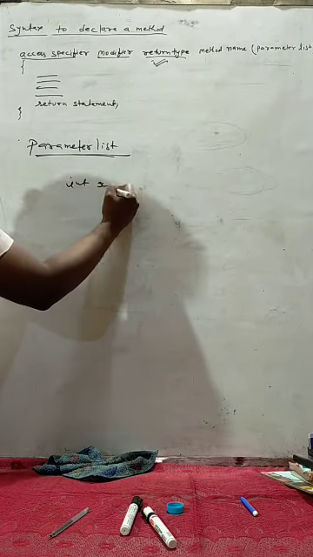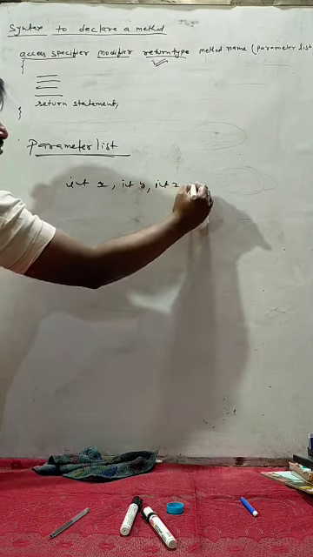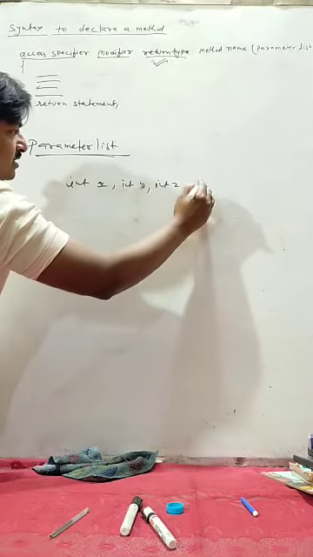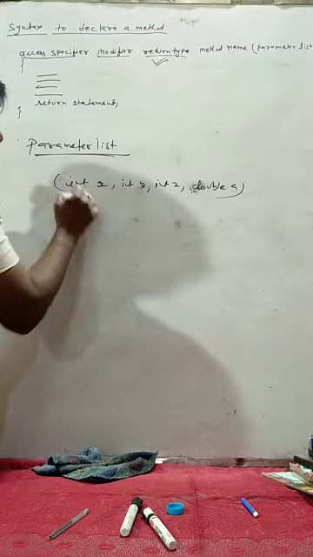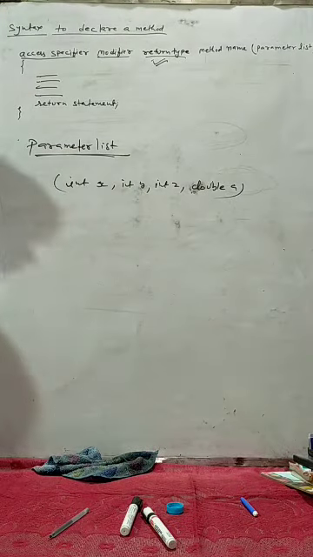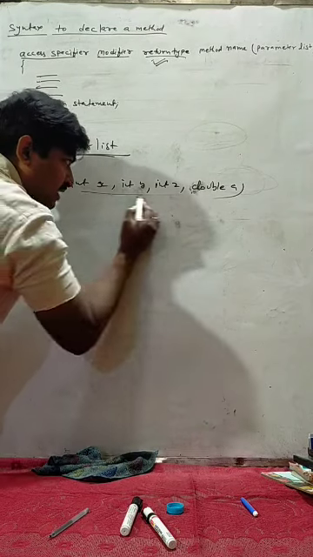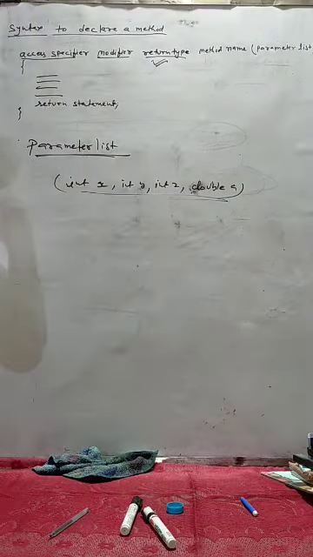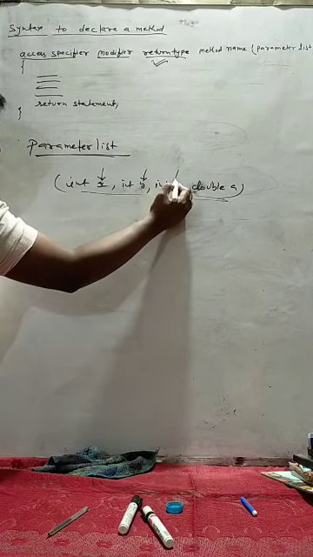Suppose int x, comma, int y, comma, int z, comma, double a, like that. List of variables separated by comma. Then what is the use of these parameters? These parameters are used to accept the values.